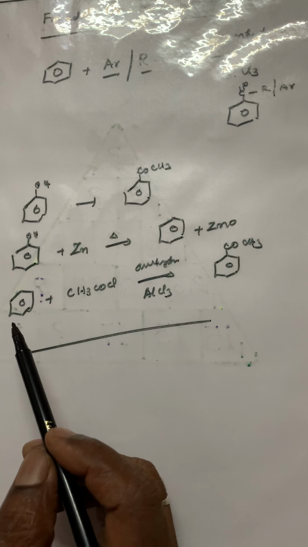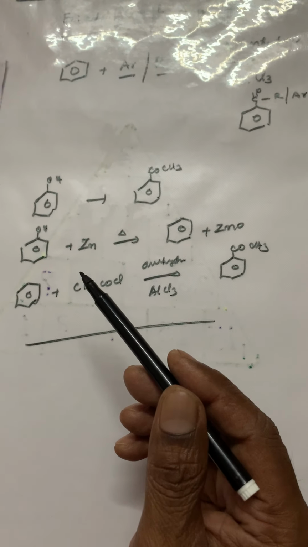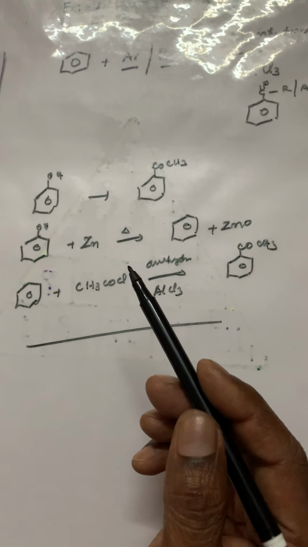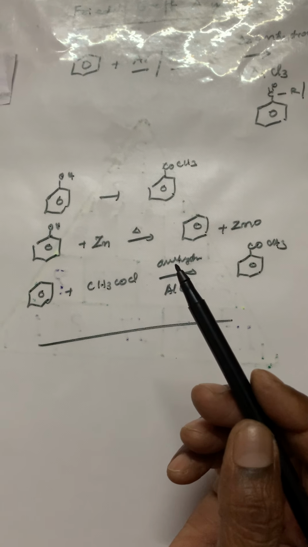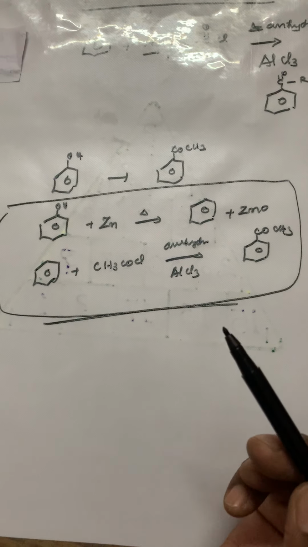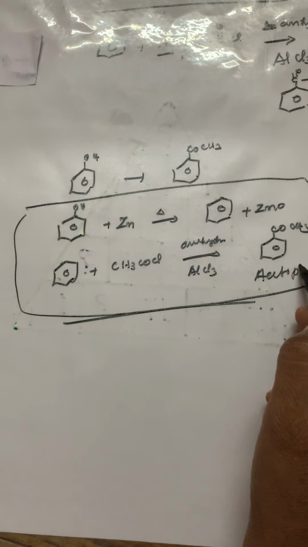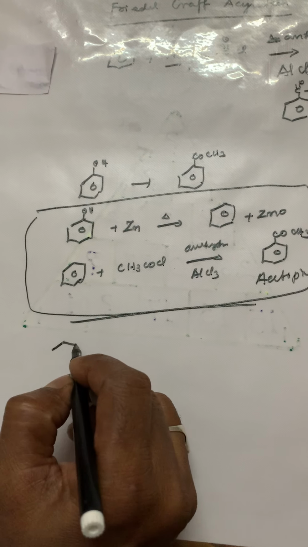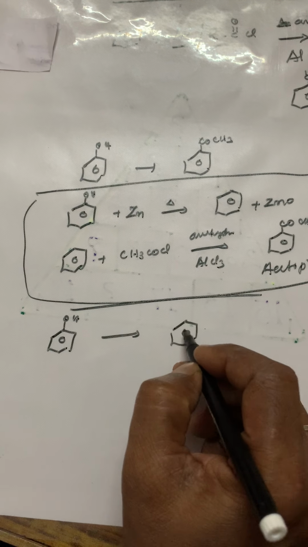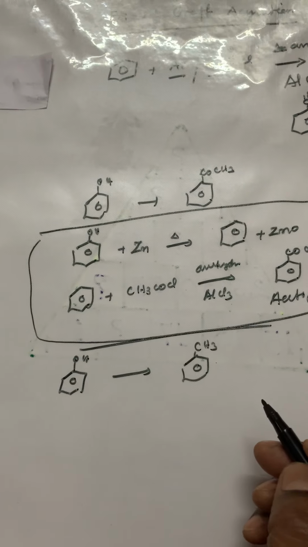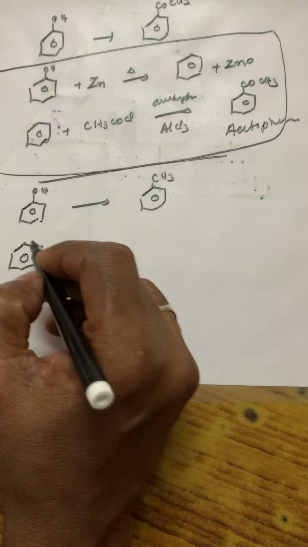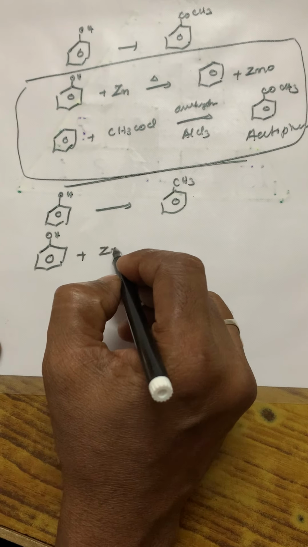Likewise, they can ask how to convert phenol to toluene. The first was phenol to acetophenone. They may ask, how do you convert phenol to toluene? First, phenol is heated with zinc dust.